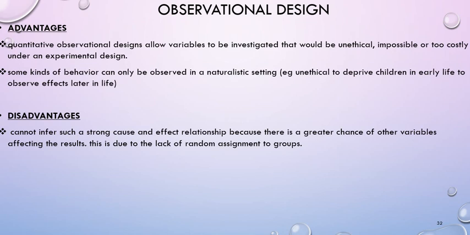Yes, there is a relationship between this and that, but we don't know if there is a cause and effect situation. And this is because in these designs many variables of the human character and idiosyncrasy participate and affect the results. Okay?